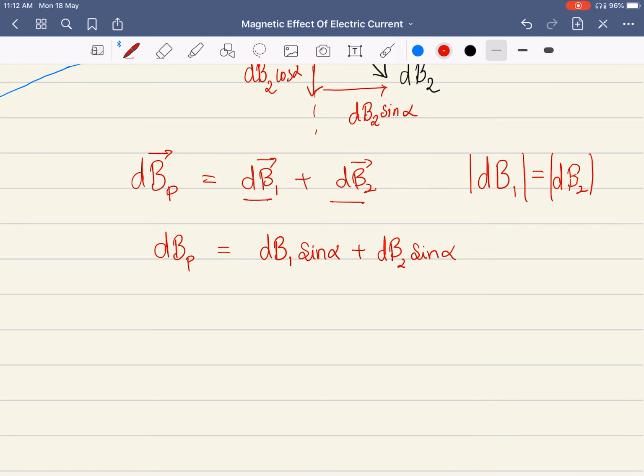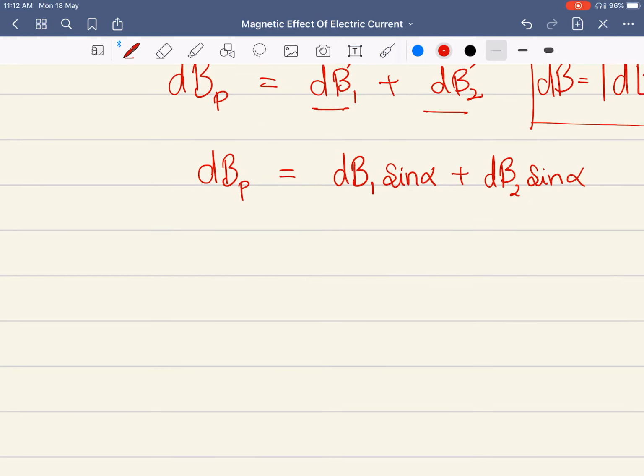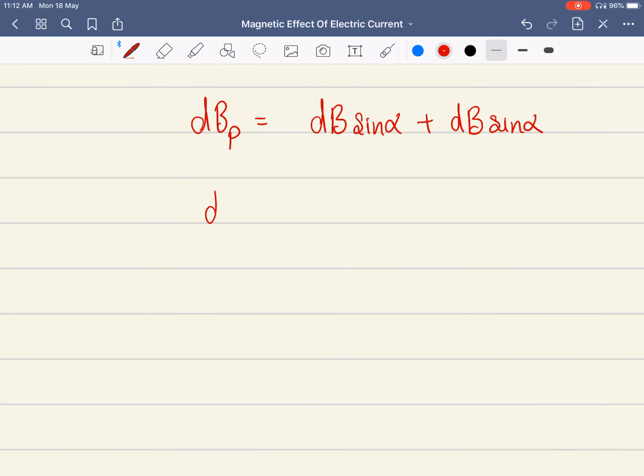Since both values are equal, I can consider this value as delta B. So the net magnetic field at point P will be delta B sin alpha plus delta B sin alpha. When I add it, I get the net magnetic field at point P as 2 times delta B sin alpha.